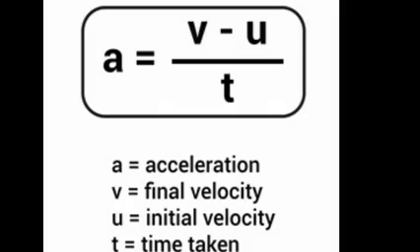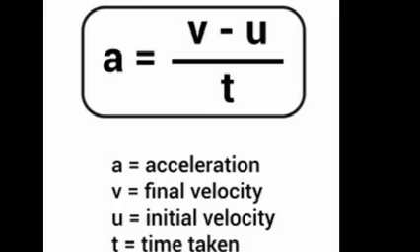Dear ones, in today's session we can see a new term that is called acceleration. It is denoted by letter A. What is acceleration? It is defined as the change in the velocity of an object per unit time. If the object moves with uniform speed, here the change in velocity will be 0 as per the formula.